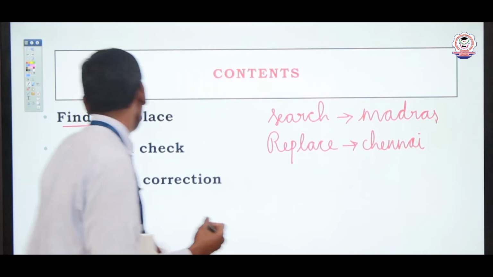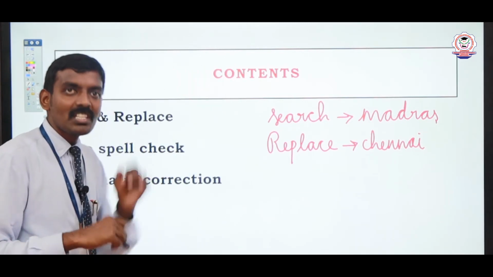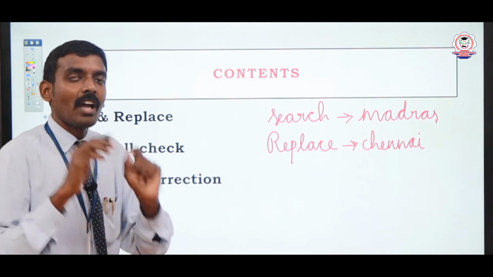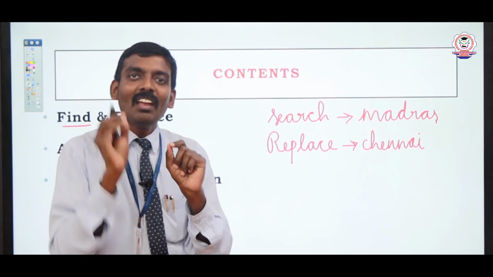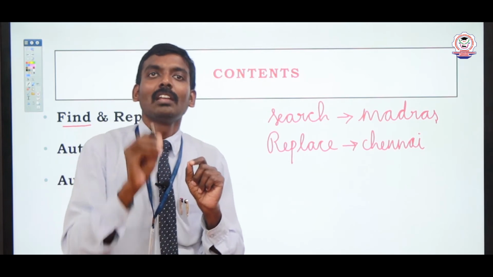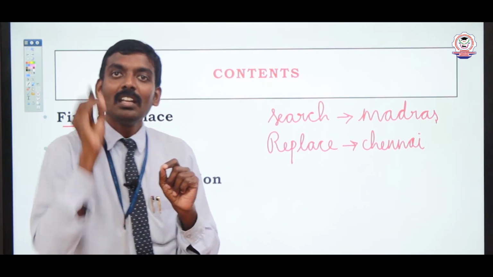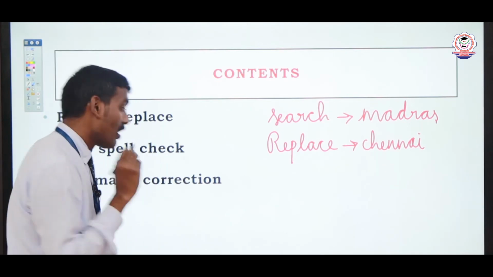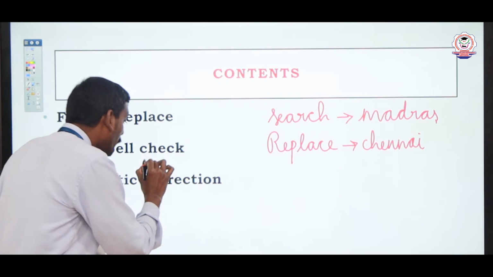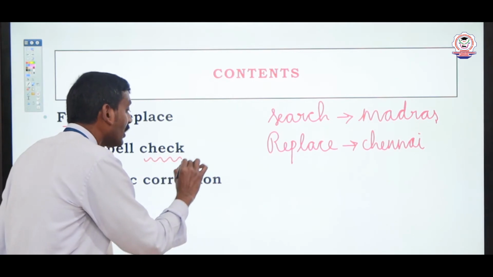Okay. And auto spell check. What is the meaning of spell check? You type some content, and in that situation if there are any spelling mistakes, you can find them in the form of a squiggly red line.